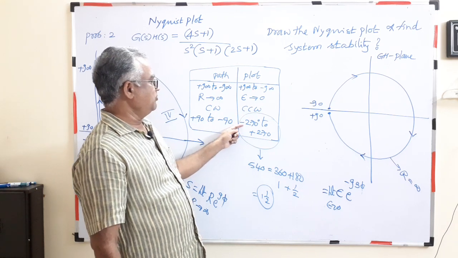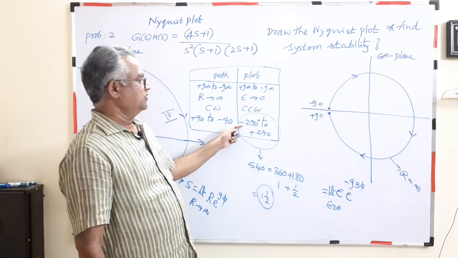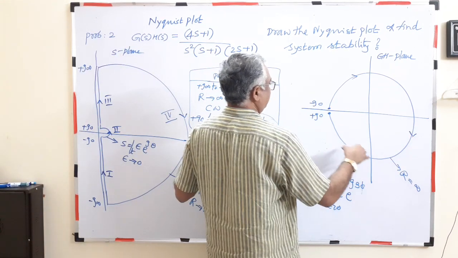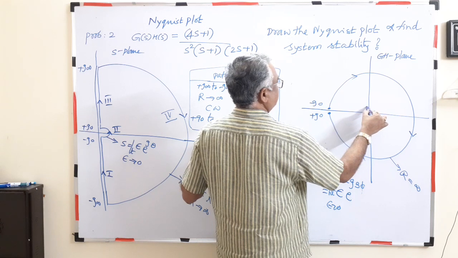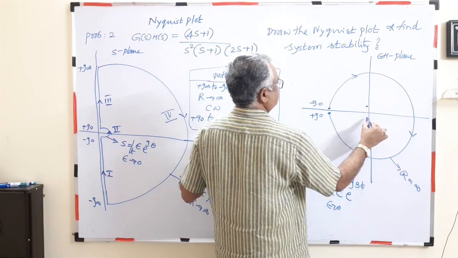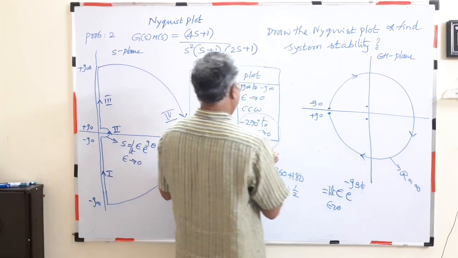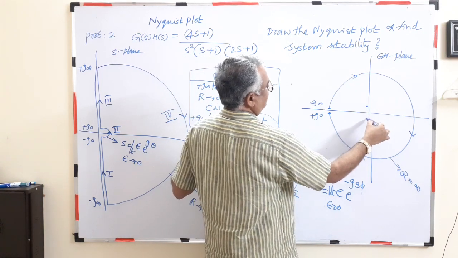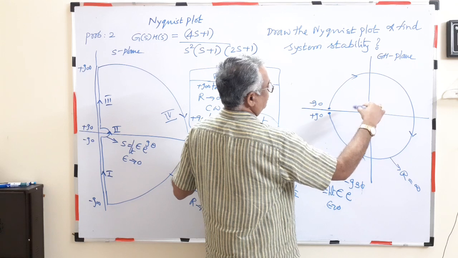But what is the starting point? Minus 270. Where is minus 270? Minus 90, minus 180, minus 270 is here. Where is the ending point? Plus 270. It has to start here, end here, but rotate in counterclockwise direction.